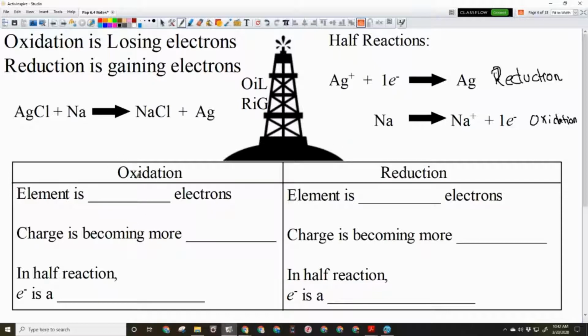All right, so let's fill in these blanks here. Oxidation, the element is losing electrons. And in reduction, the element is gaining electrons. Okay, so since this is gaining electrons, let's look at its charge. Its charge is becoming more negative. And in oxidation, the element is becoming more positive.